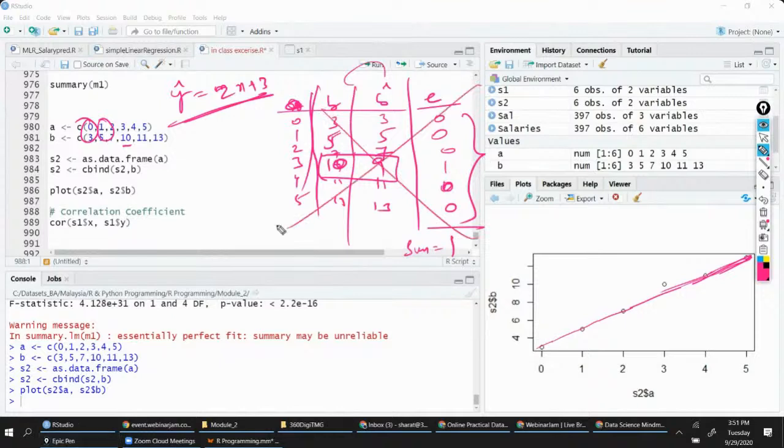So this model cannot be accepted because it is not representing the entire data, right? You're ignoring this data point. So it is deviating from the property of the equation.